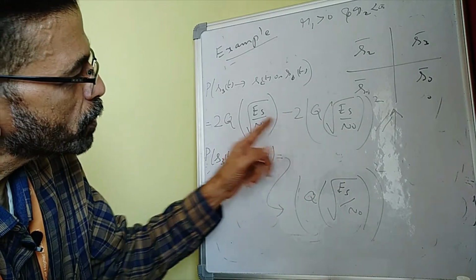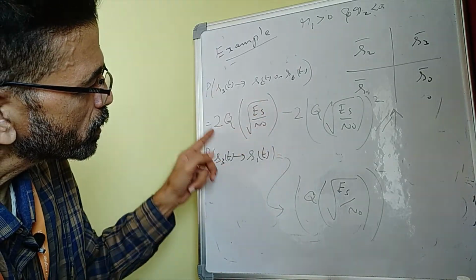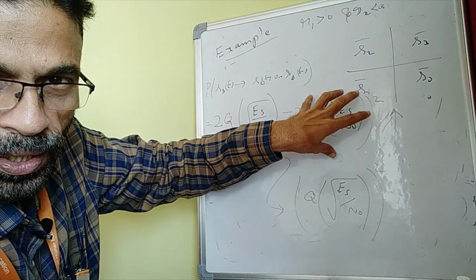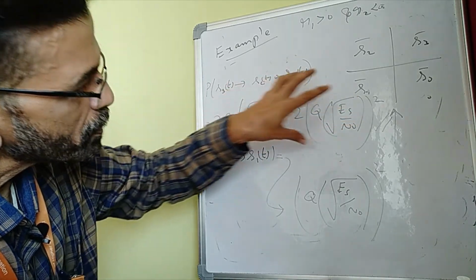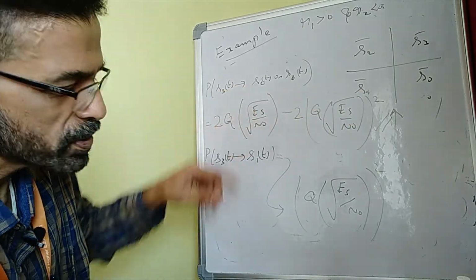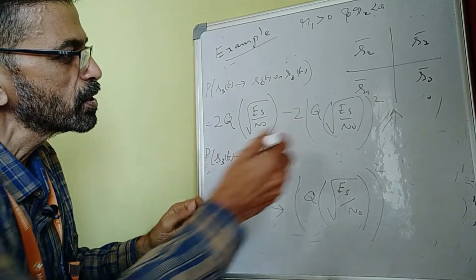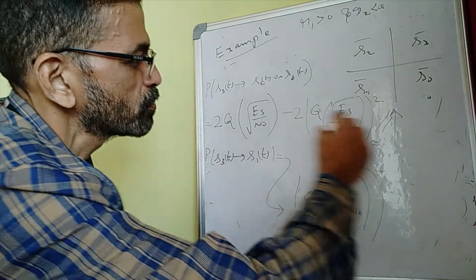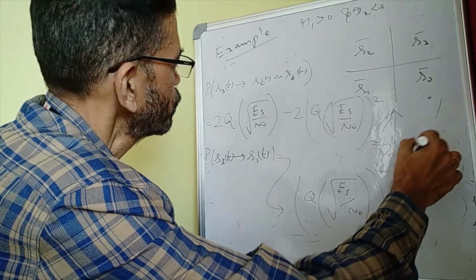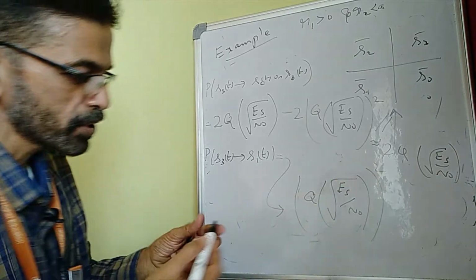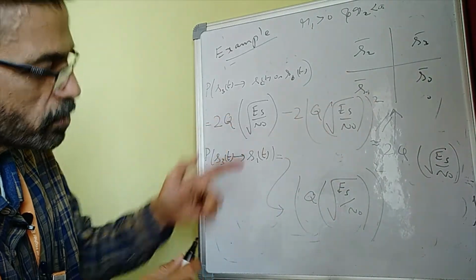And over here you have a number which will be considerably large compared to this, and from that you are subtracting a number which is very small compared to this, which means that this will be approximately equal to 2Q root Es by N0, or this result will be dominated by this.